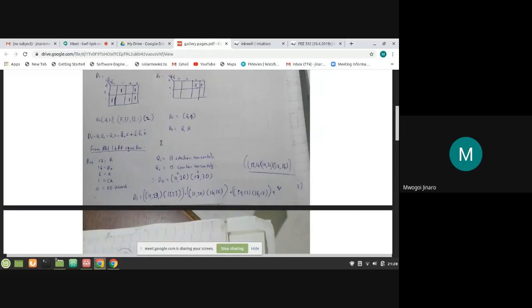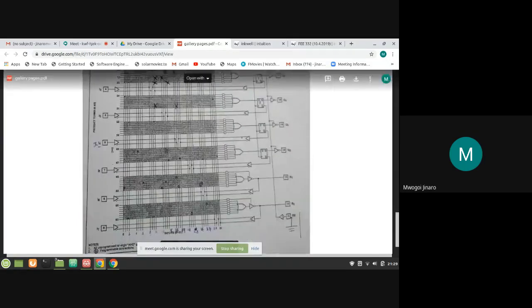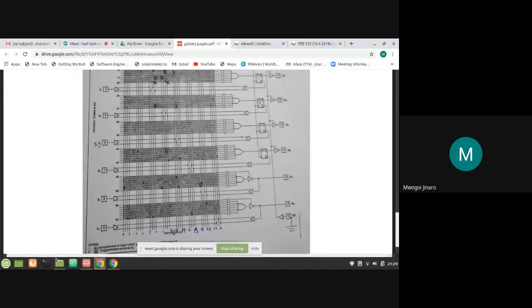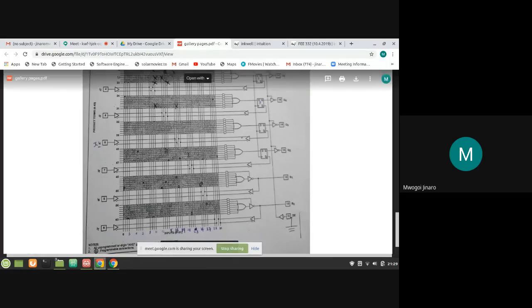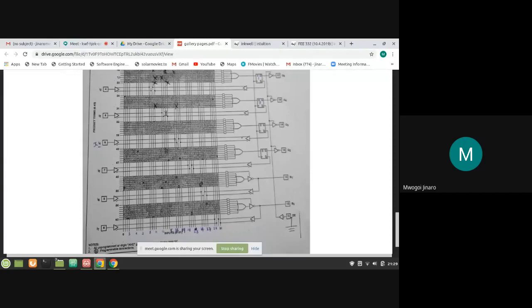We're going to have to identify the positions for X bar, which will be 17, because the first line here is 16, so the next one is 17 where the X bar is. For the Q naught bar, it will be this line here, which is 14.